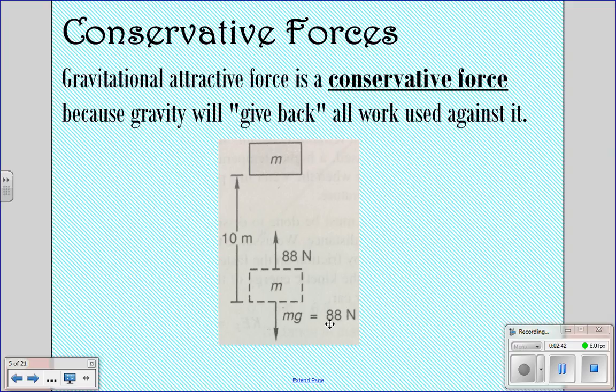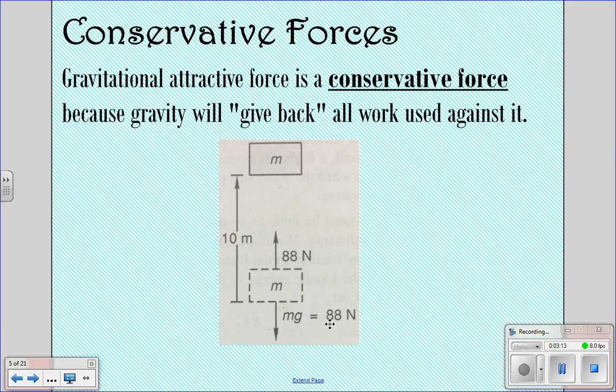So he's going to have done 880 joules of work: 88 newtons of force over 10 meters, so you just multiply those. The work done by gravity is negative 880 joules because it is negative: the force and the displacement were in opposite directions.